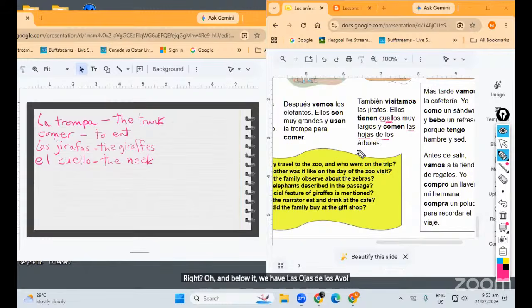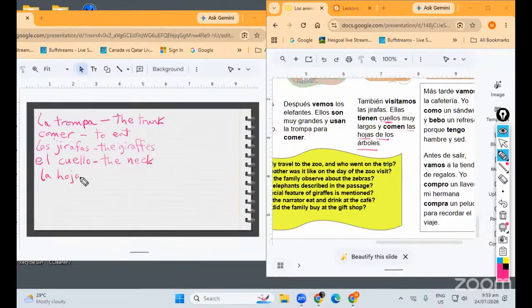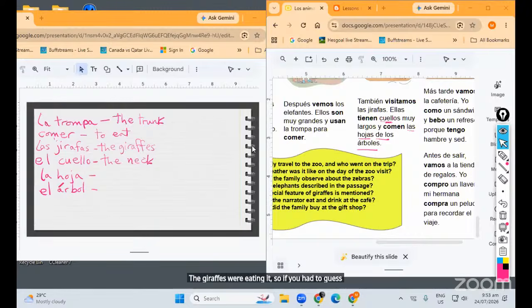Did you all know what this was? La hoja and el árbol. The giraffes were eating it, so if you had to guess, leaves of the trees, right?